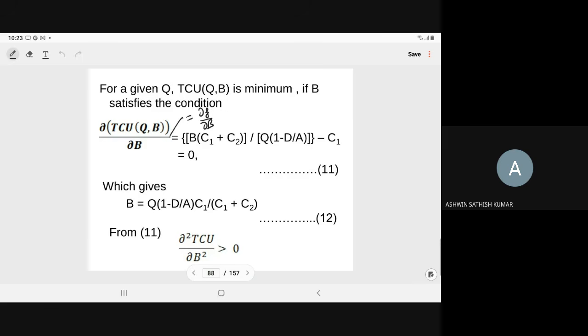When we equate it to 0, you will get B is equal to Q into (1 minus D upon A) into C1 upon C1 plus C2.